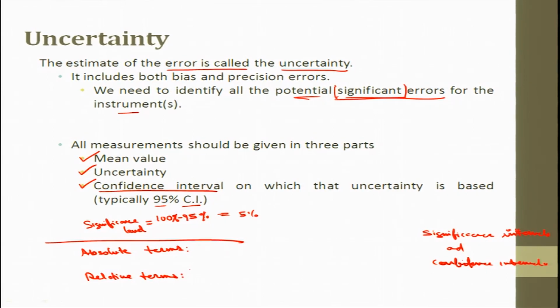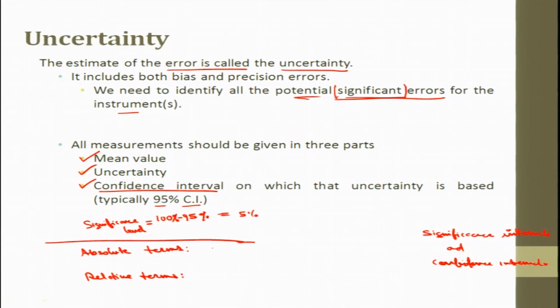So, it can be expressed in both ways. Absolute terms means the uncertainty is the value that we add to or subtract from the mean value. For instance, if I calculate the height of this pen, which is actually a stylus, it is about 150 mm.